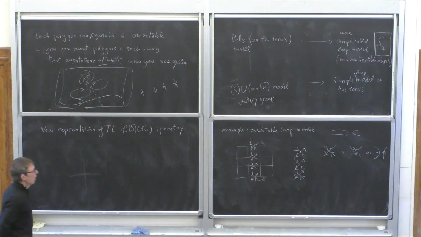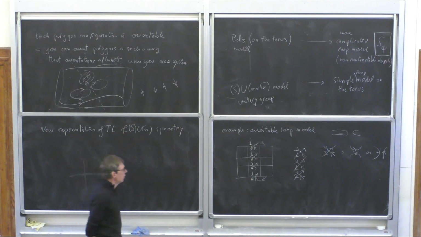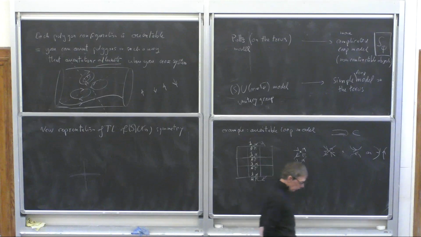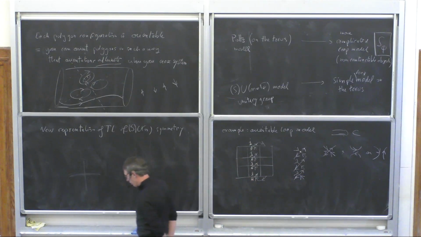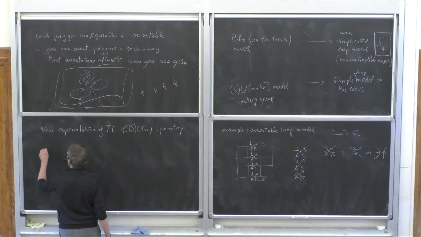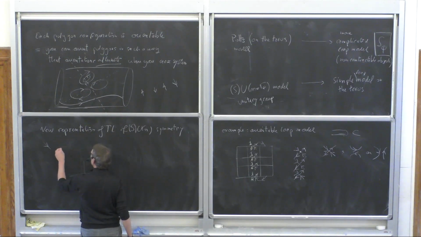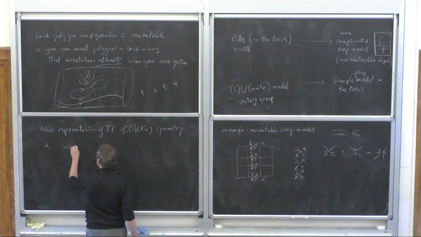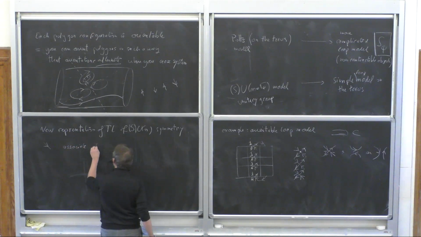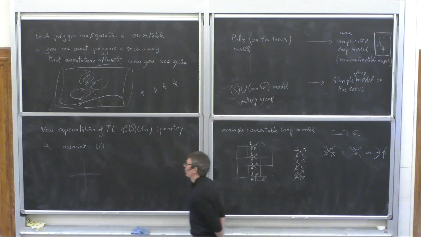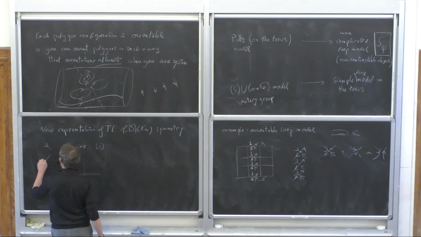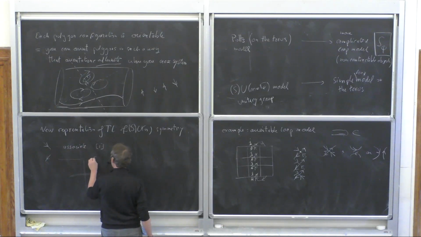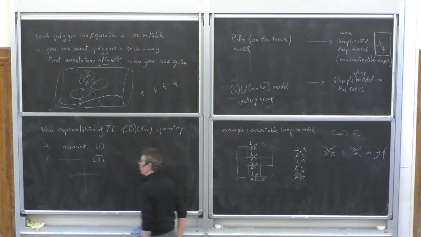So, what's the idea now? Well, the idea is that the orientations of the lines will be associated with different representations of the SUN algebra. So we're going to associate with an arrow pointing like this the fundamental representation of SUN, and with an arrow going like this, we're going to associate the dual fundamental representation of SUN.